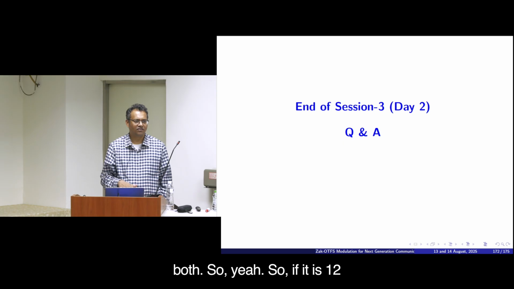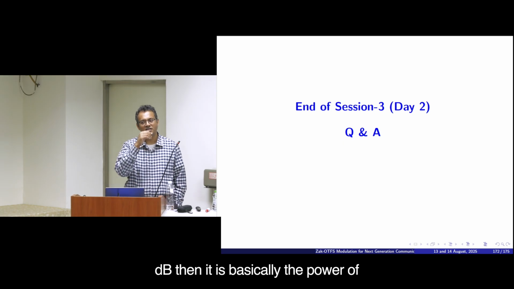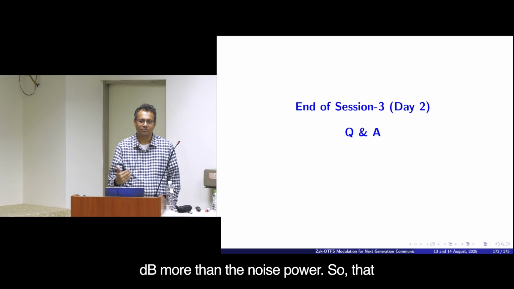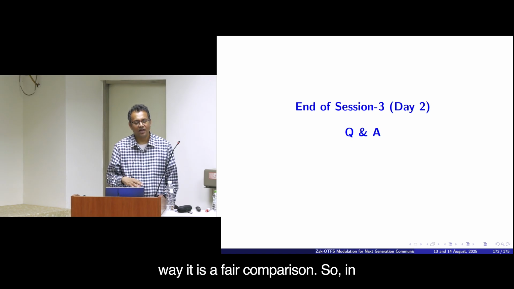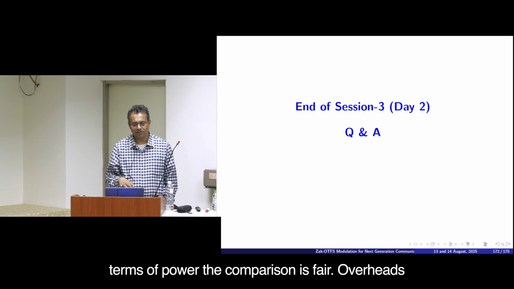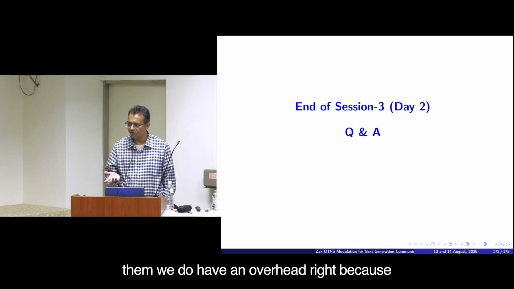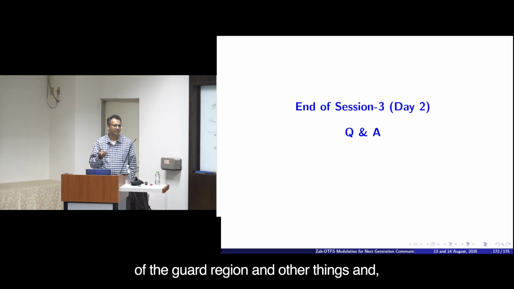So, if it is 12 dB, then it's basically the power of the pilot and the data combined is 12 dB more than the noise power. So that way it is a fair comparison. In terms of power, the comparison is fair. Overheads, of course, with point pilots, when we use them, we do have an overhead, because of the guard region and other things.